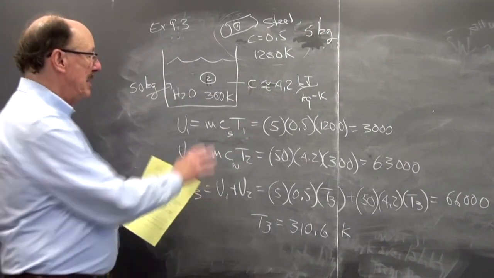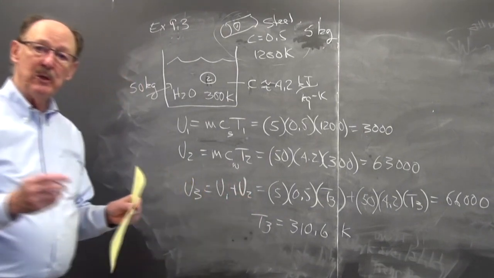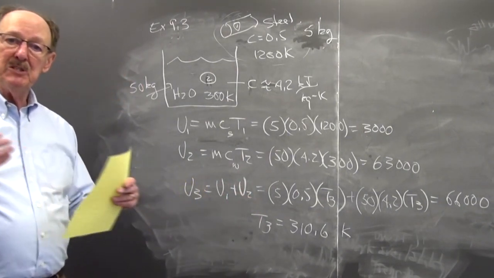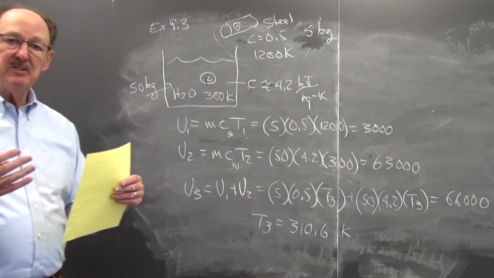Now that we found the final temperature, we're going to look at the entropy change for the water, the entropy change for the steel, and add them together to get the entropy production, as we did in chapter 8.